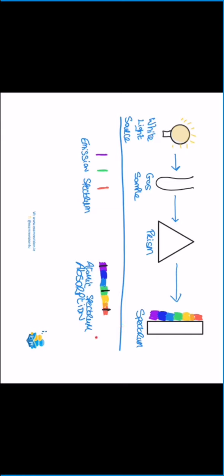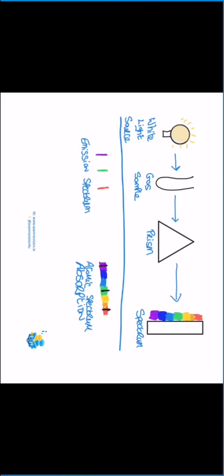It's an atomic absorption spectrum, and as you can see, it is a rainbow with black lines on it. If you compare this to the emission spectrum, you can see that the colours in the emission spectrum match up with the black lines in the atomic absorption spectrum.